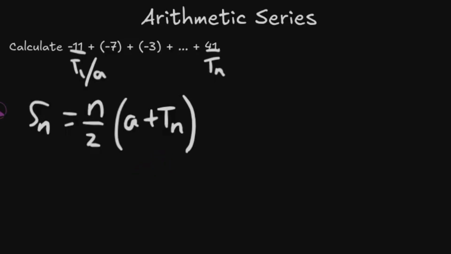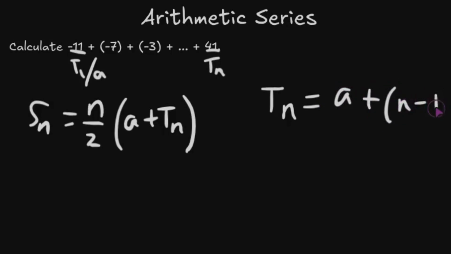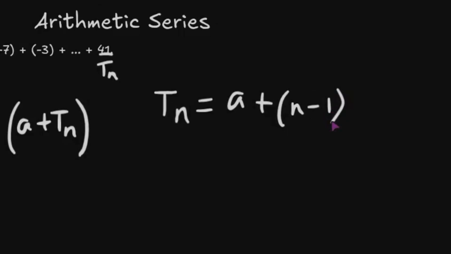We've already gotten these two numbers, and right now we're going to find the value of n. We're going to apply the concept of arithmetic sequence here. The last term equals a plus n minus 1 times d. The last term is 41, and the first term is minus 11.